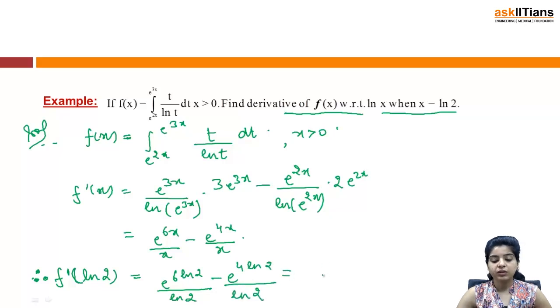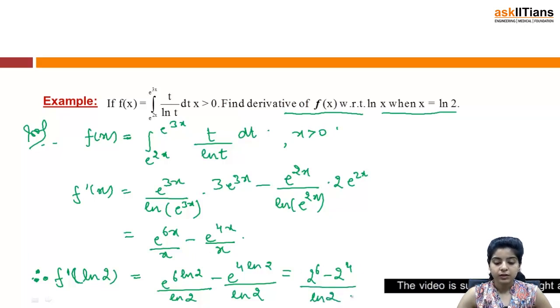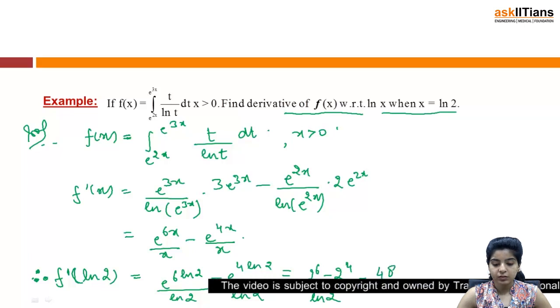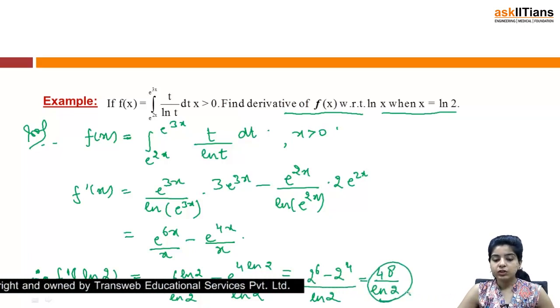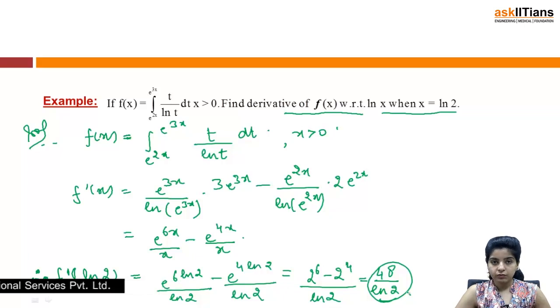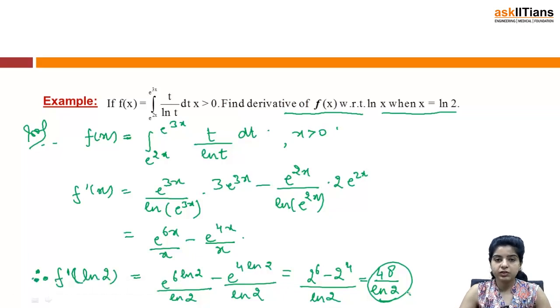So you can just simplify this and we get it as 2 raised to 6 minus 2 raised to 4 using the properties of logarithm. This 6 ln 2 can be written as ln of 2 raised to 6, and so we have it as 2 raised to 6 minus 2 raised to 4 by ln 2, and this is ultimately the answer. So this is how you are going to find out the derivative of such functions, and I suppose this must be clear by now.